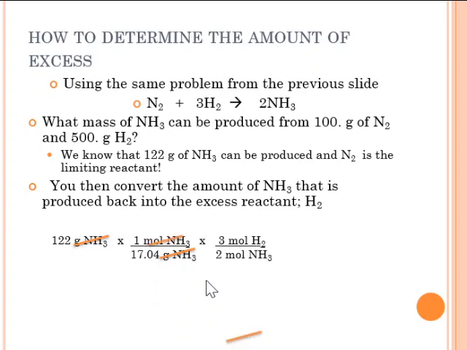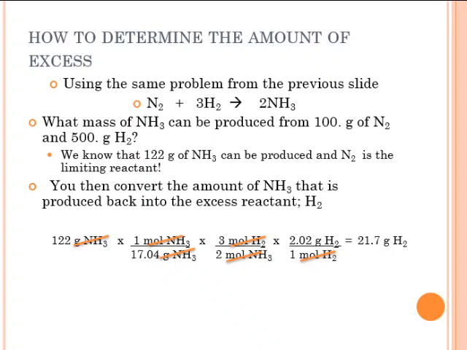Our moles of ammonia will cancel to leave moles of hydrogen, but notice we have grams here, so we really need to go back to grams. I cannot subtract moles from grams. So then we're going to use our molar mass, 2.02 grams of hydrogen per 1 mole of hydrogen. Our moles of hydrogen will cancel to leave grams of hydrogen. Then we'll go ahead, divide by anything on bottom, multiply by anything on top, and we will use up... notice, to make 122 grams of ammonia, we're only needing 21.7 grams of hydrogen.